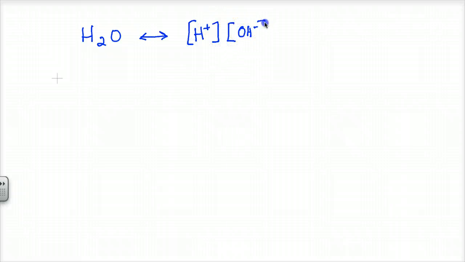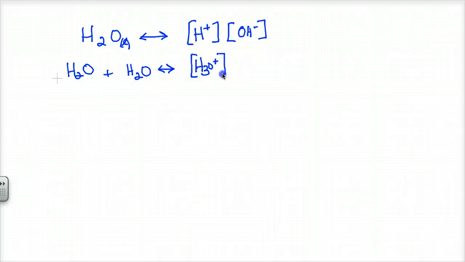So water self-ionizes. This is H2O liquid. And you can also write it as two water molecules colliding. And when you do it this way, you'll get the H3O plus, called the hydronium ion, and the hydroxide ion.